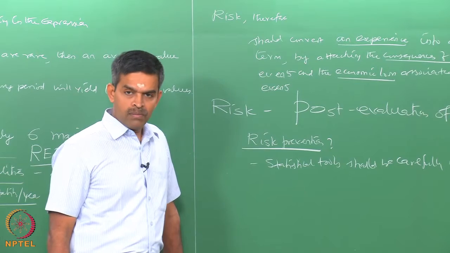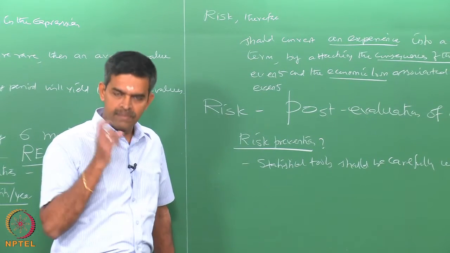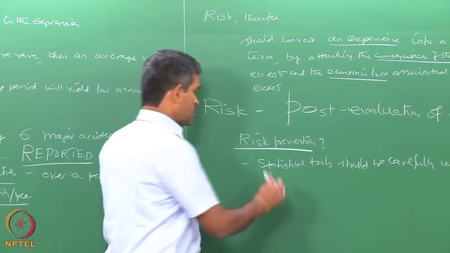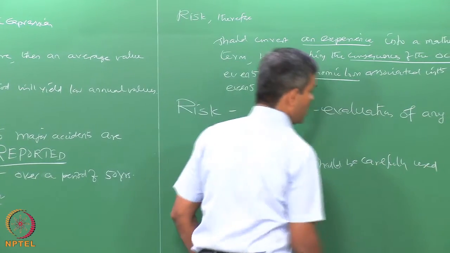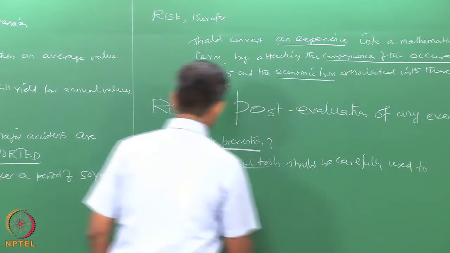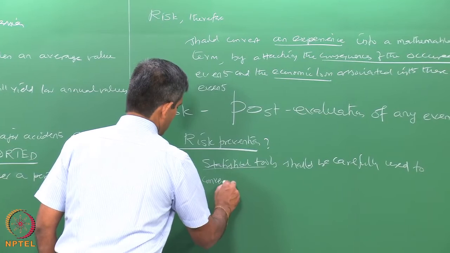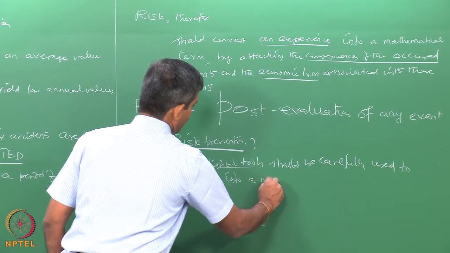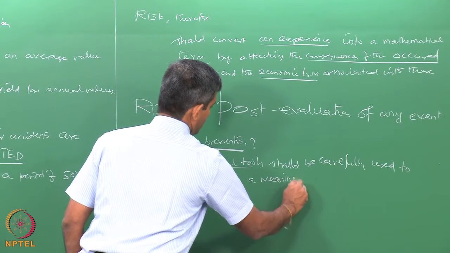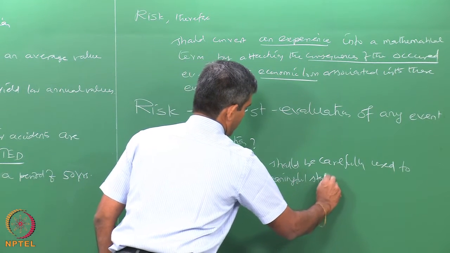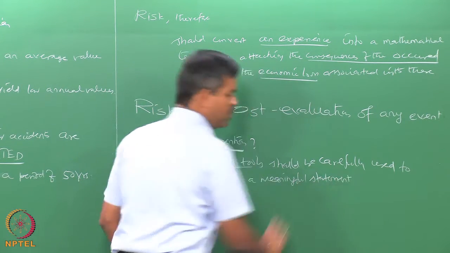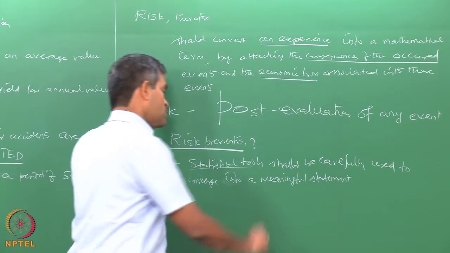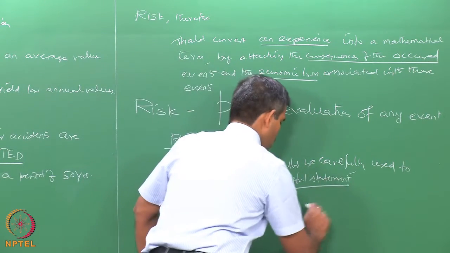Wherever there is a problem associated with the data size, you have to use the statistical tools very carefully to converge into a meaningful statement. So, in the whole discussion, the meaningful statement so called is what is risk.